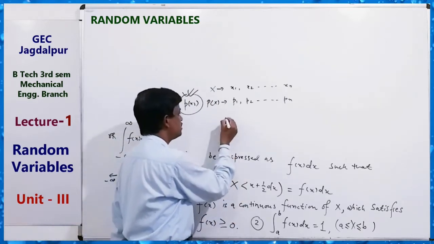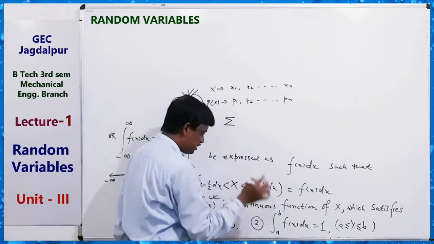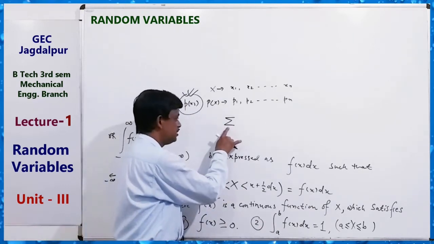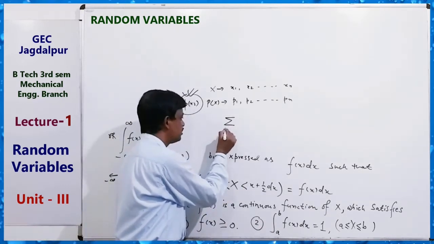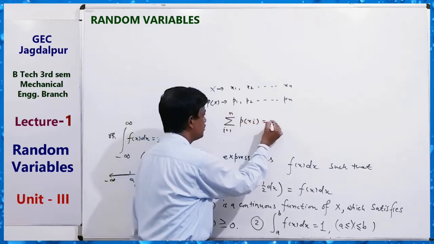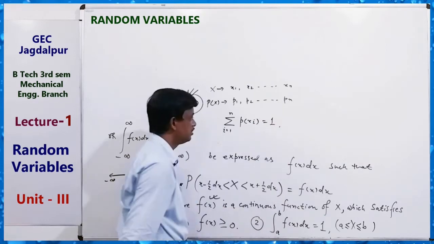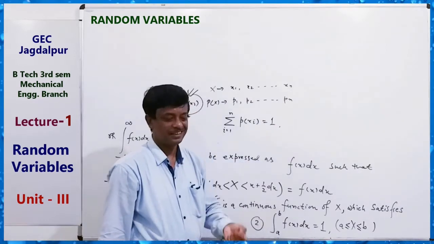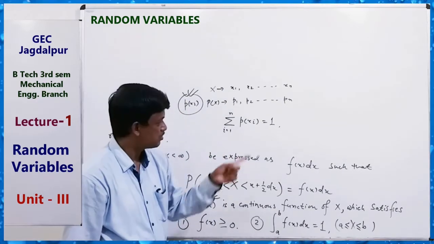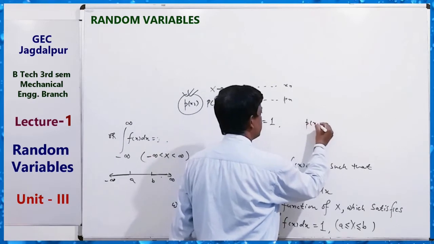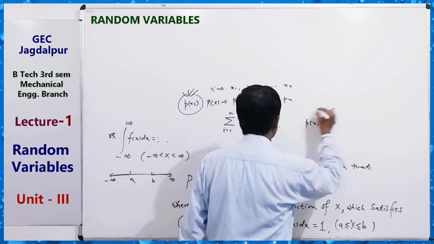So this probability function also satisfies a condition. In place of integration, we use summation: the sum of p(xi), for i equals 1 to n, equals 1. The sum of probabilities is equal to 1, and each probability is greater than or equal to 0.